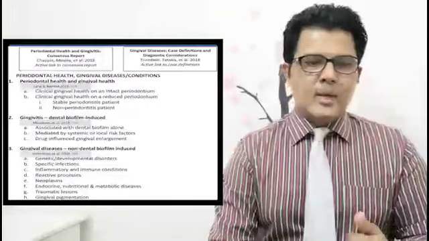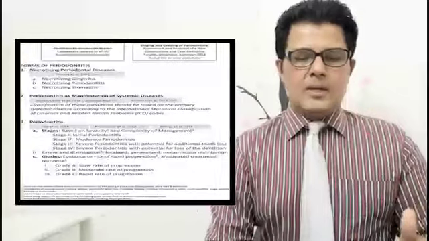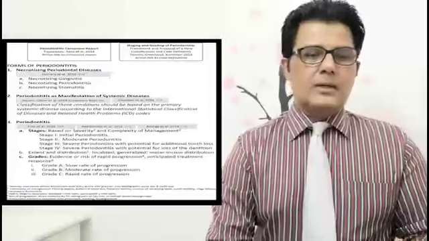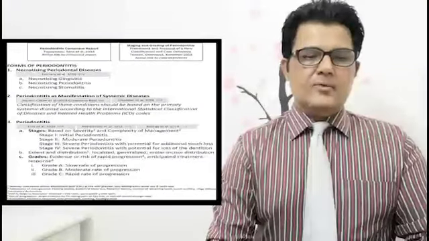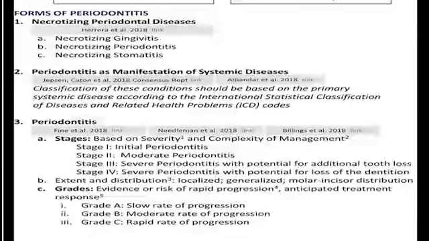Now we go to the forms of periodontitis. This classification also tells us the form. There are three forms according to this new classification. Necrotizing periodontal diseases, in which we have three classes: necrotizing gingivitis, necrotizing periodontitis, and necrotizing stomatitis.